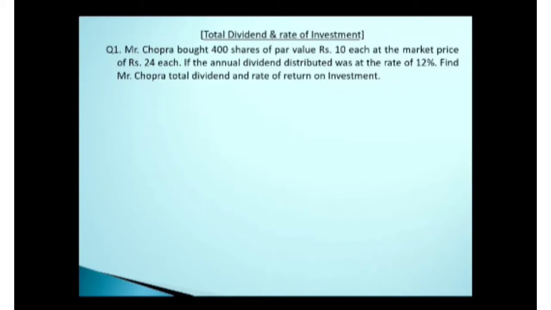If the annual dividend distributed was at the rate of 12 percent, then find his total dividend and rate of return on investment. So two components are asked here. One is total dividend and the other one is rate of return. Have this question noted so that we can do the solution after that.